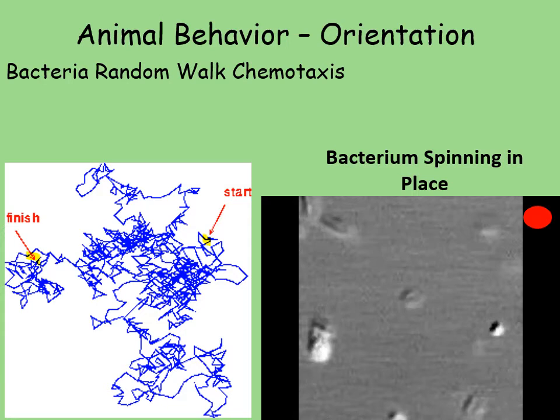There's no uniformity as far as moving in a particular direction. But over time, because it keeps changing its direction, it'll move throughout a pretty big piece of space. And if it ever arrives at a point where there's a lot of food, then it'll switch to spinning in place so it can digest the food that's available. So it'll look like this video here on the right.